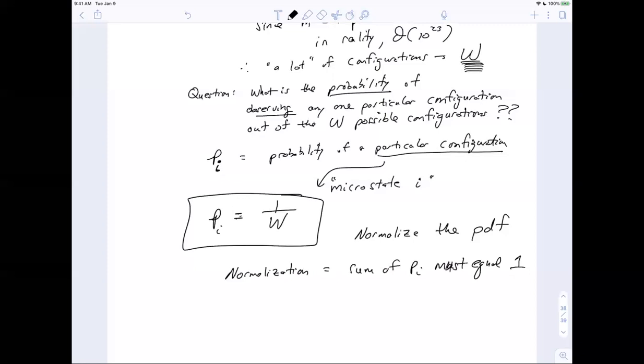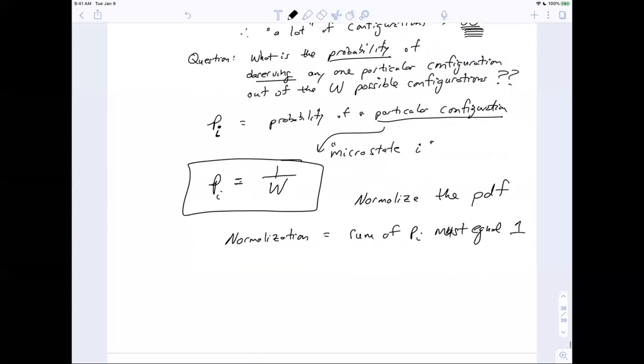In this case, we have W microstates, because p sub i is the probability of a particular microstate, just one of the W. So our normalization would be a sum where i runs from 1 to W, because we have W microstates and we just sum p sub i.